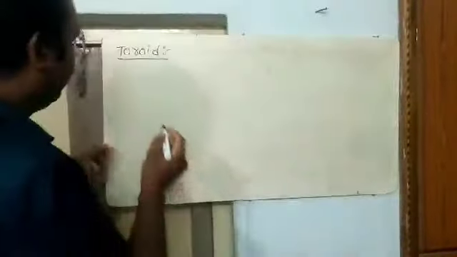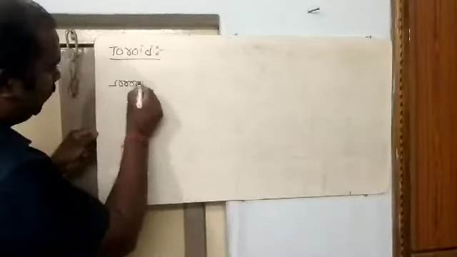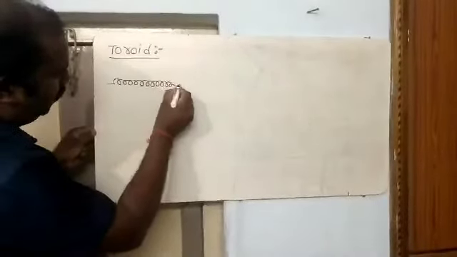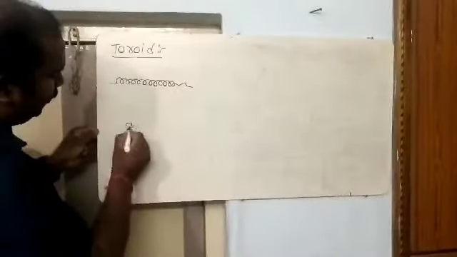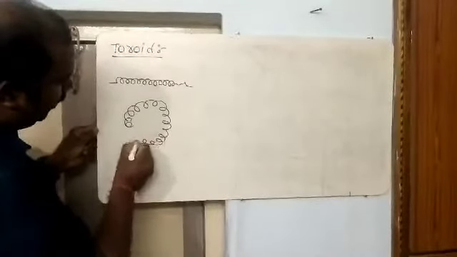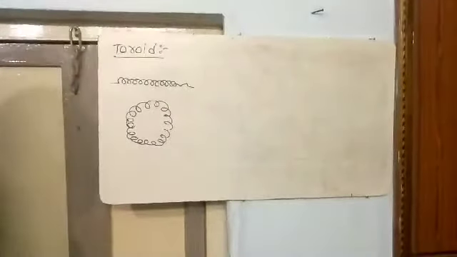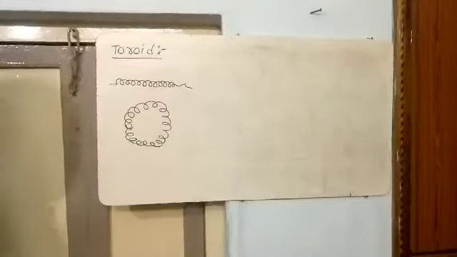When the solenoid is bent in the form of a circle, it behaves like a toroid.